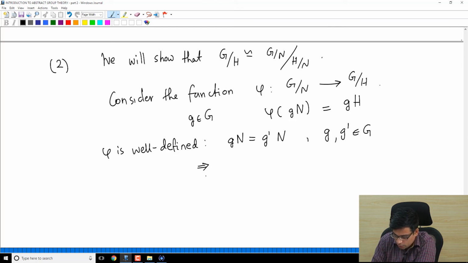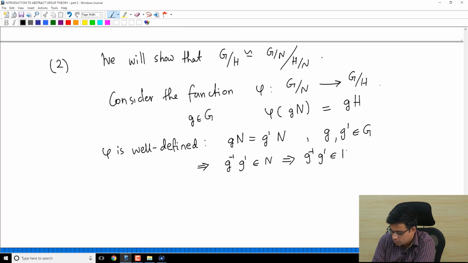But if gN is equal to g prime N, remember this means that g inverse g prime is in N. This is because you can multiply by g inverse, so N will be equal to g inverse g prime N. That means g inverse g prime will be in capital N. This is the kind of thing we have seen before, right? If g inverse g prime is in N, then g inverse g prime is in H, because N is contained in H, by hypothesis.